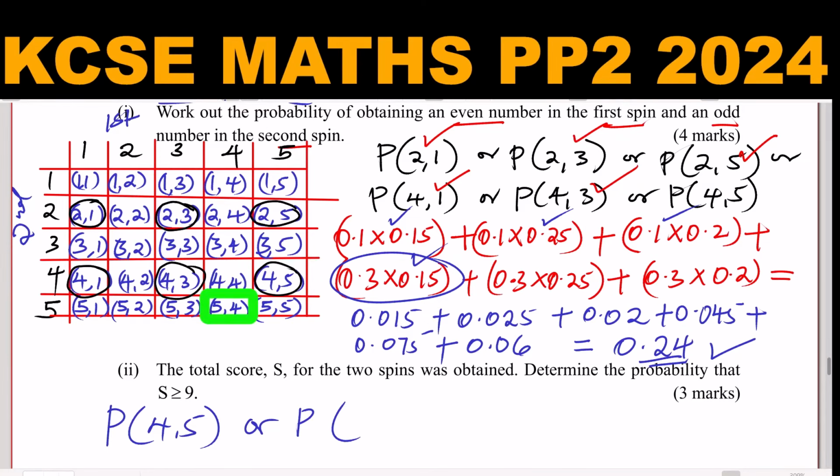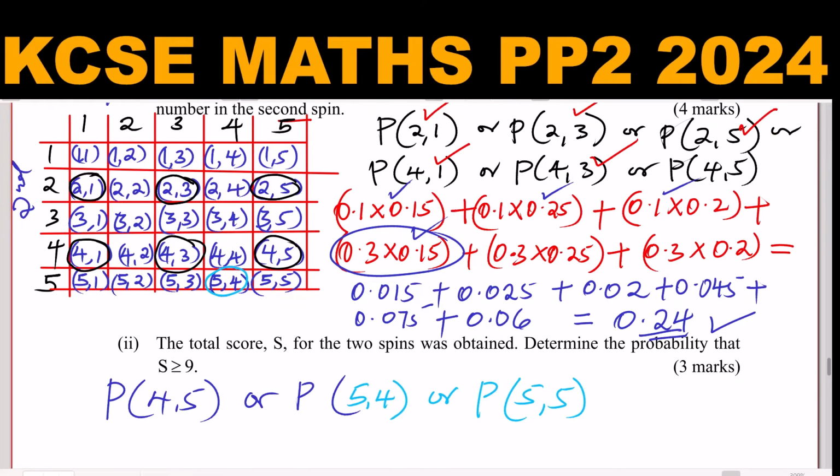Another one is 5,4, that is 5 plus 4, that is 9. Or we have 5,5. When you look at these three, these are the only ones that will give a total of greater than or equal to 9.